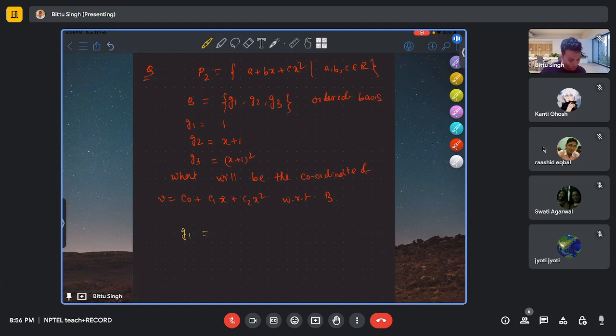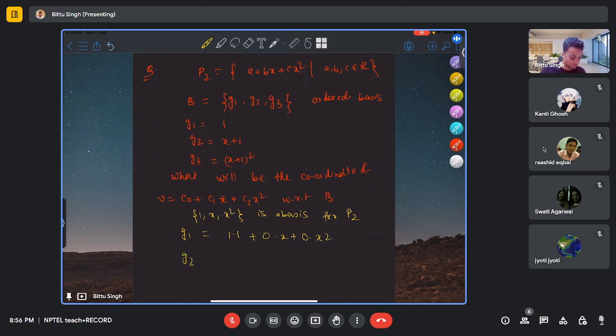You know that 1, x, x square is a basis for polynomials, because any element from the polynomial space can be written in this form. So G1 can be written as 1 times 1 plus 0 times x plus 0 times x square.